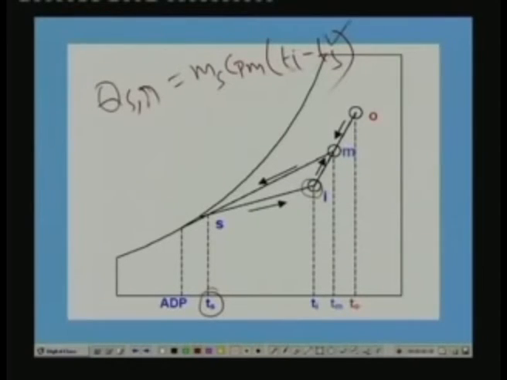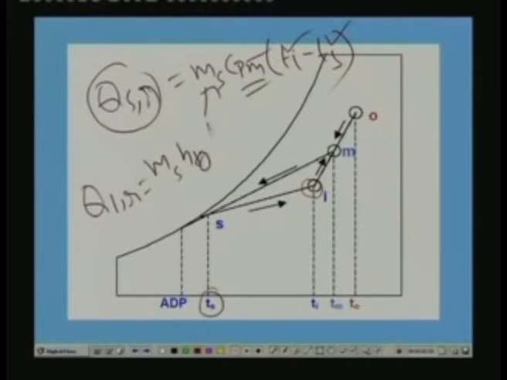So Ts is specified, Ti is known, Cpm is known, so you can find out what is Ms. Similarly, the latent load is Hfg into (Wi minus Ws). Ms is calculated, Hfg is known, so Ws can be obtained. So you can fix this condition also.